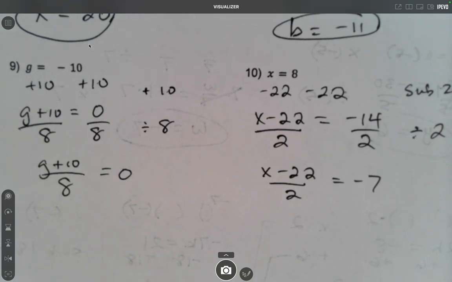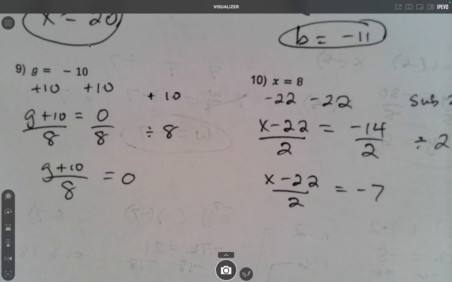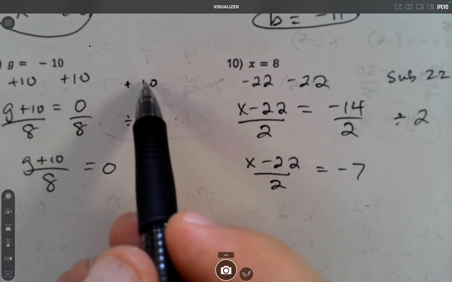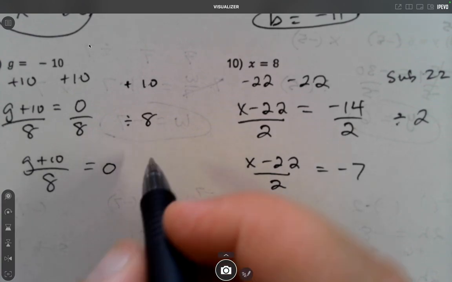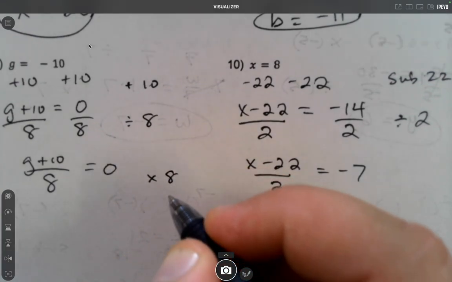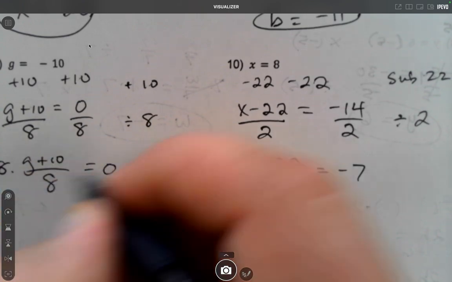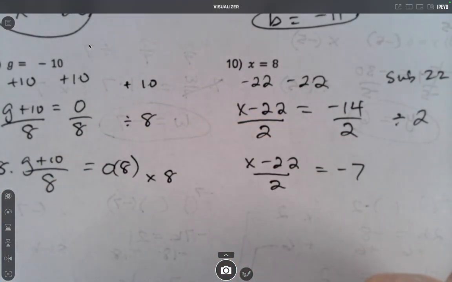Okay, these were our last ones for this section. So this is one I know you guys didn't like a lot when it was a big fraction. So you've got to work backwards. He added 10, then divided by 8. So we've got to do this 8 issue first. We need to multiply both sides by 8 to start. So we multiply this side by 8, multiply this side by 8.